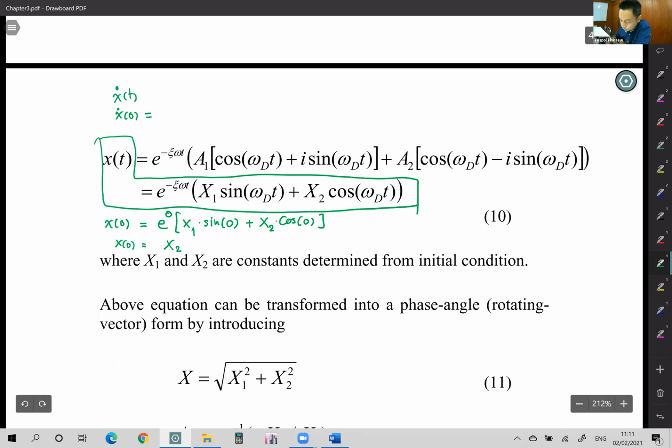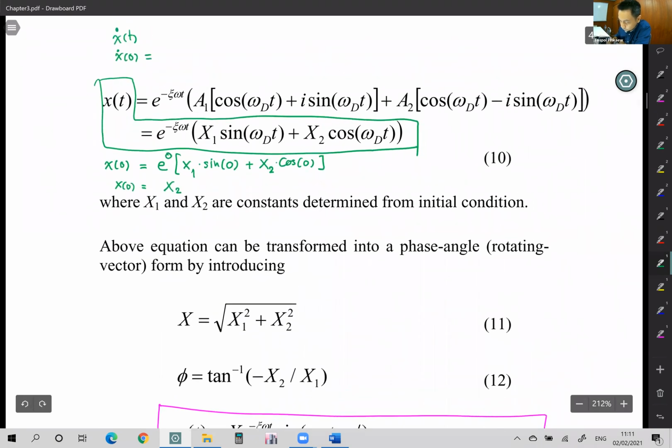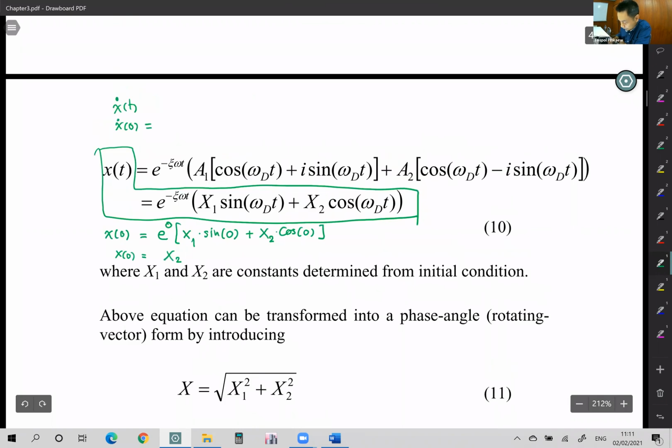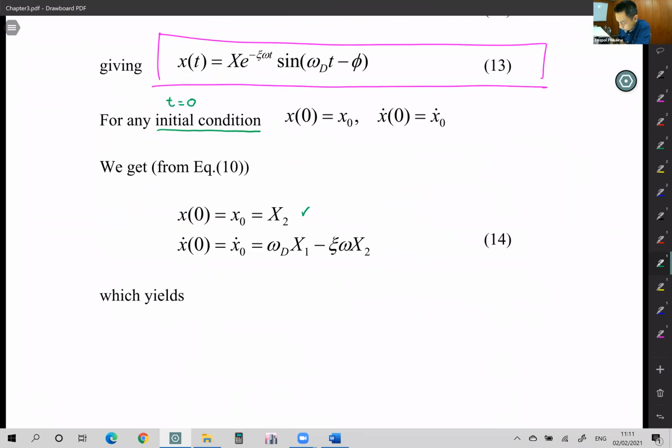And I hope you can have this second equation as in equation number 14 for x dot 0. Okay, and it seems to be omega d multiplied with the big X1 minus zeta omega X2.